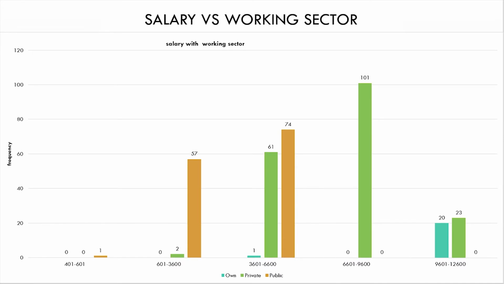To compare salary and working sector, we use a bar chart to display it. We can see that the private sector has the highest frequency and the own sector has the lowest frequency. So we can say that most SQS alumni work at the private sector.